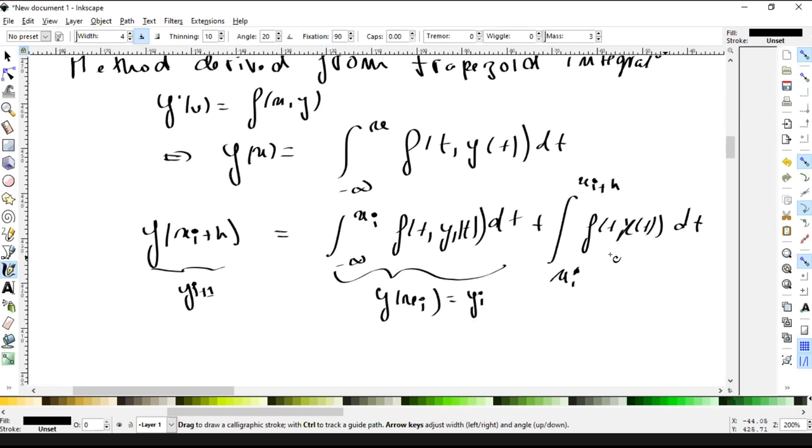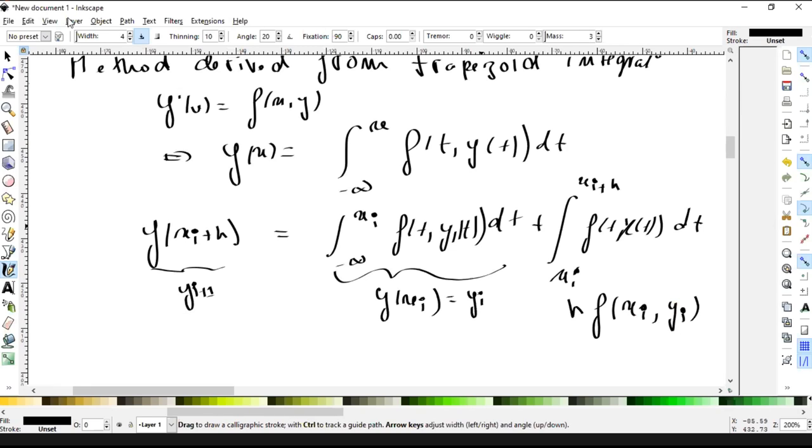And this here, for the rectangle, we approximated the integral from xi till xi plus h of f of t, y of t by one rectangle, which is h f. So we have 2 points. The rectangle integration using just the point xi, yi is the left corner rectangle integration.